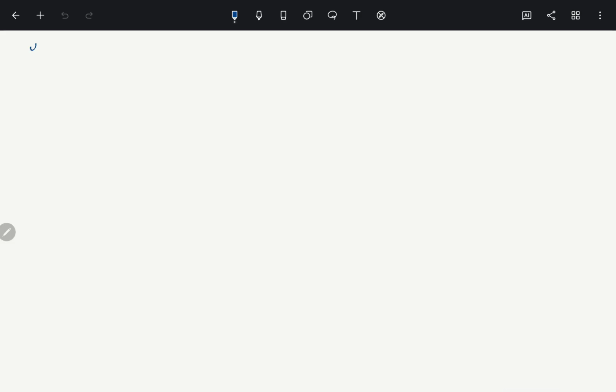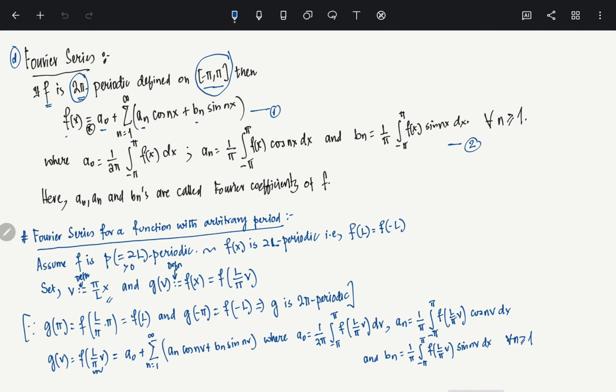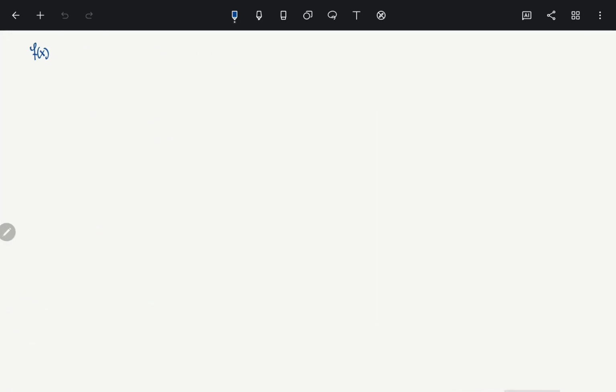See, f of x. I am just skipping one line and writing it like this. L by pi v, you see, L by pi v is x. So f of x can be written here. I am just substituting that variable. And let me write it this way.